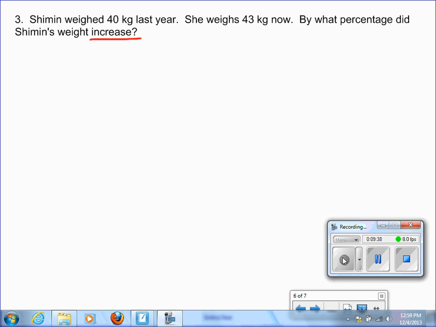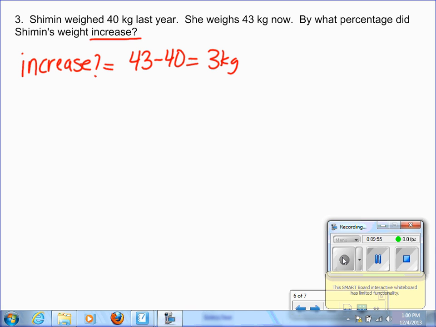You have to find out the difference. The difference. So we have to find that increase first. And how would we find that, Marissa? You would do 43 minus 40, which equals 3. Okay, so the increase is 3 kilograms.